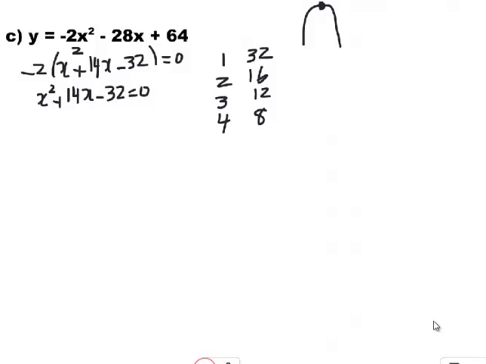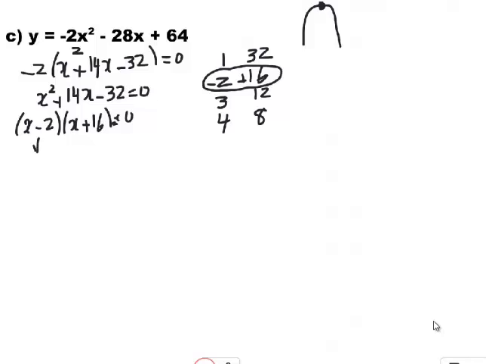So the best answer is plus 16 and negative 2, because plus 16 times negative 2 is negative 32. Plus 16 minus 2 gives you 14. So this becomes x minus 2 times x plus 16 equal to 0.